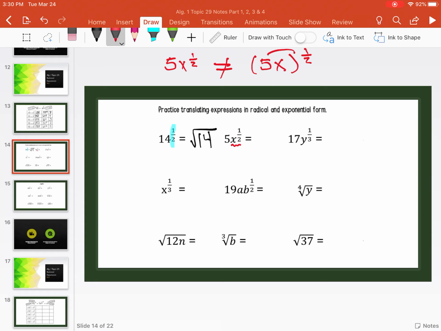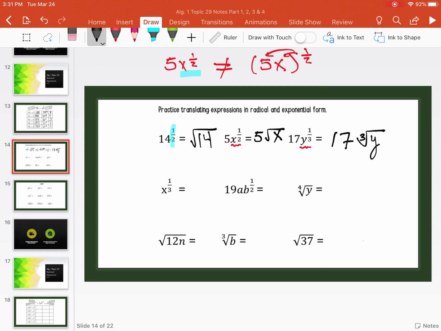That means that 1/2 would apply to everything here, whereas this x to the 1/2, the 1/2 is only going to the x. So if we want to rewrite this problem, this is the same thing as 5 times the square root of x. Similarly, with 17y to the 1/3, that 1/3 is only attached to the y, so we can rewrite this as 17 times the cube root of y.